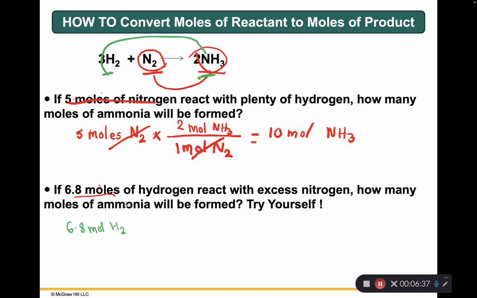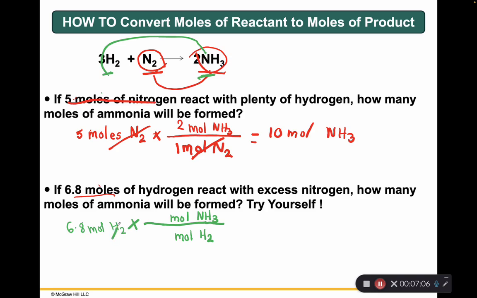So I start with how many moles of hydrogen is given? 6.8 moles, right? And then I have to get the moles of ammonia, so I will write the moles of ammonia on the top. In the conversion factor, I told you 2 conversion factors can be made. Which one you plug in depends on what is given and what you need to find out.